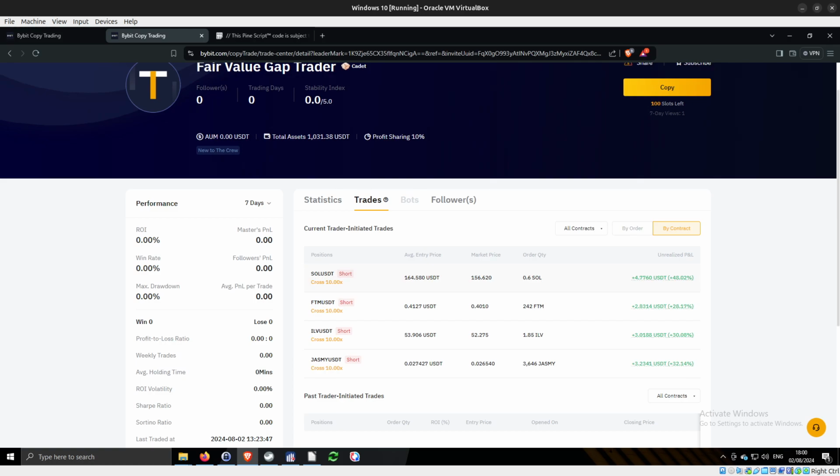I started this morning at the start of the day, and 4 coins already triggered a short position. Currently I'm at $31 in profit. I started with $1,000. If you would add this up, it's around $15.